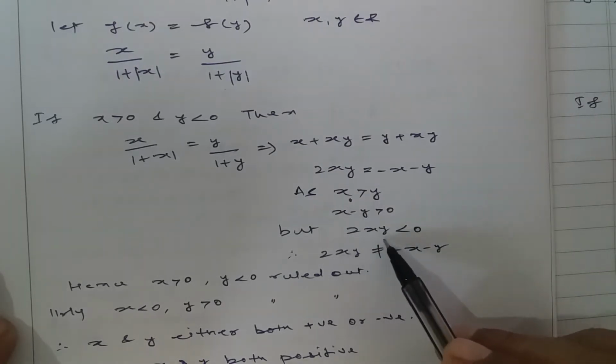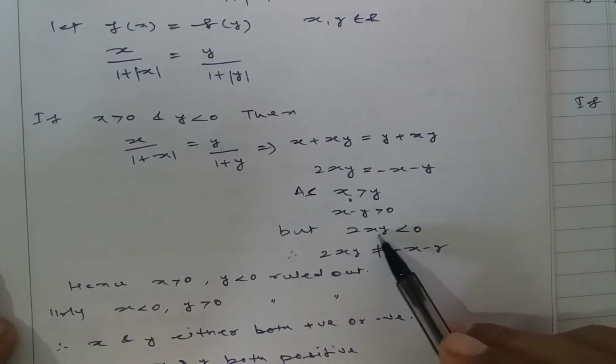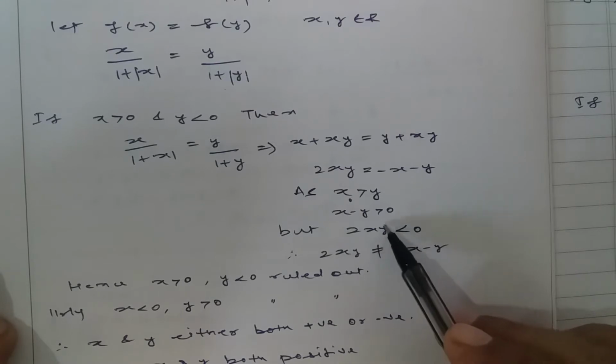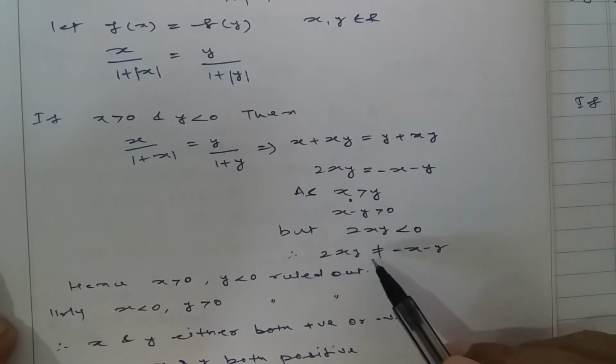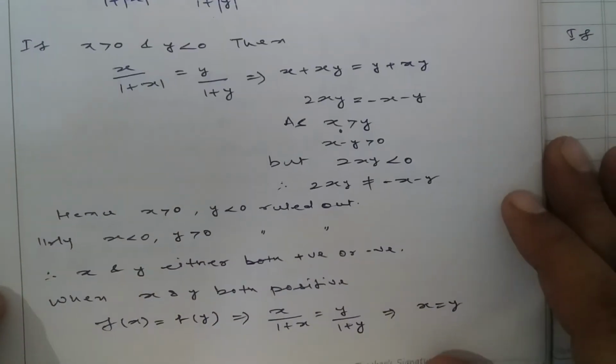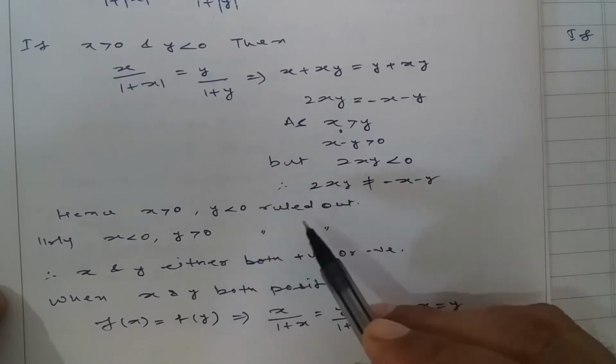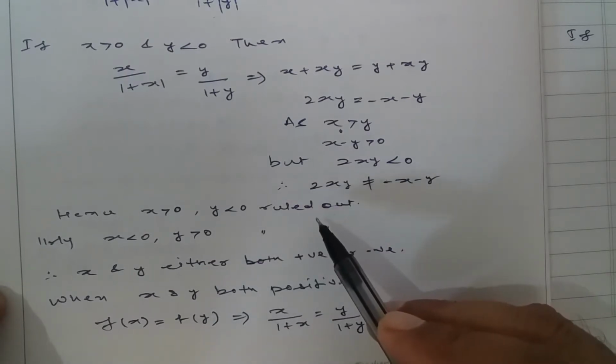And 2xy is less than 0 because one of them is negative. If y is minus, this term will be negative. So this can never be equal to this. Hence the case x greater than 0 and y less than 0 will be ruled out.